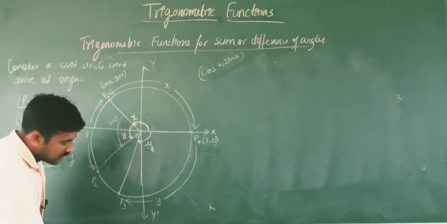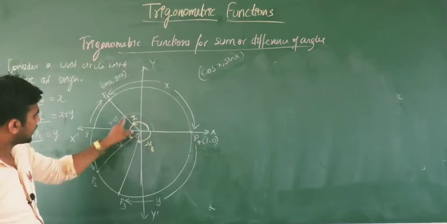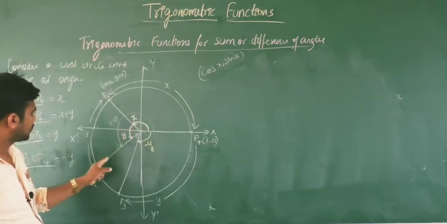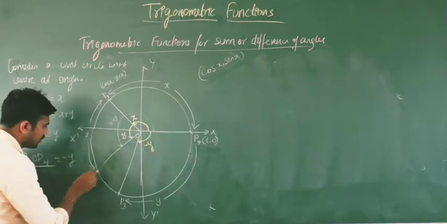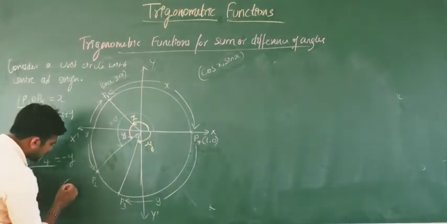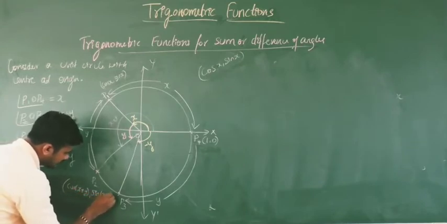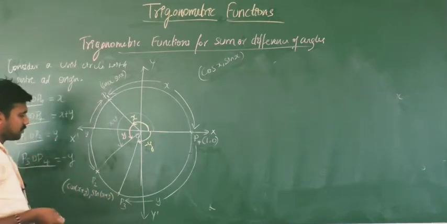Similarly, the central angle of point P2 is x plus y. What are the coordinates? Central angle is x plus y, so we'll get cos of x plus y comma sin of x plus y. This is the coordinates of point P2.